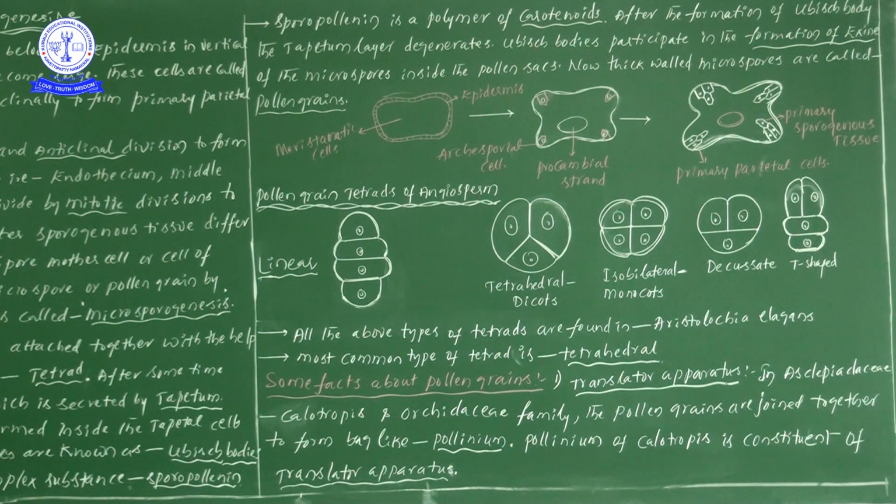Now, the meristematic cells at each corner become large and very active.